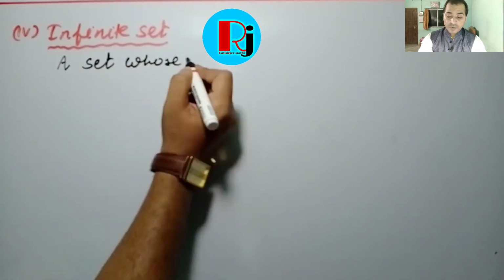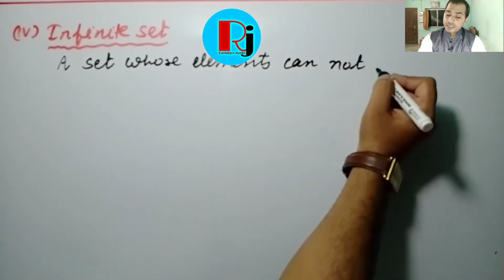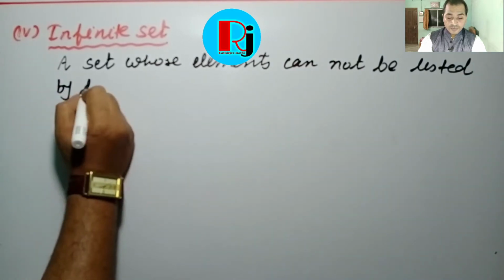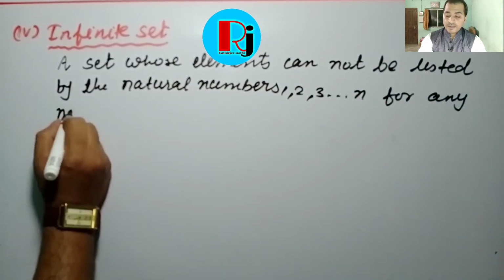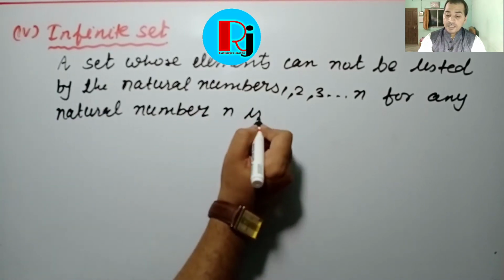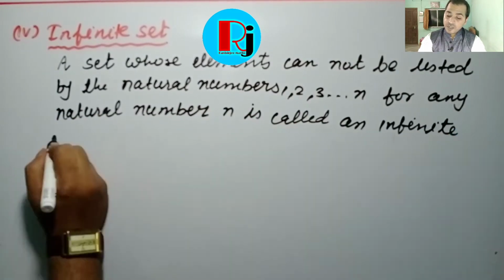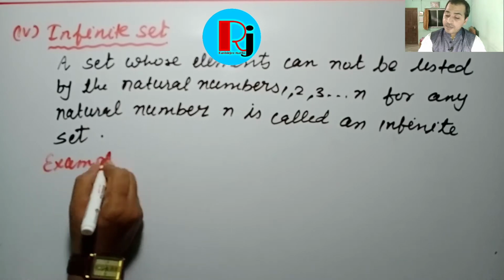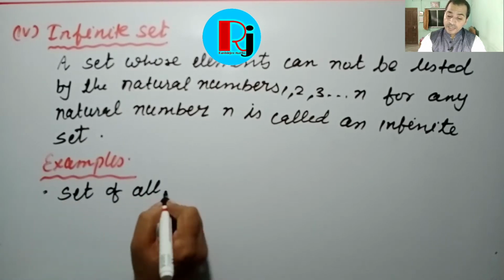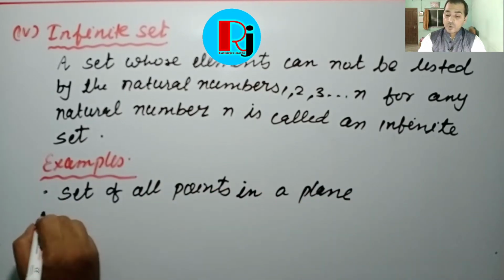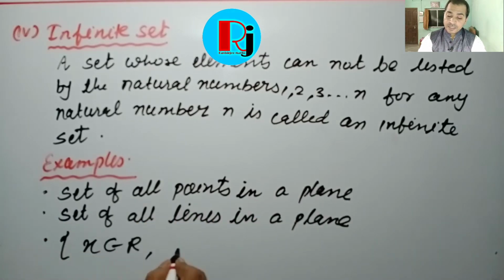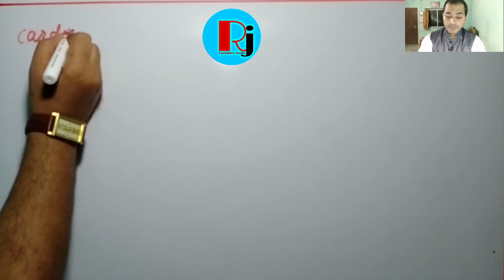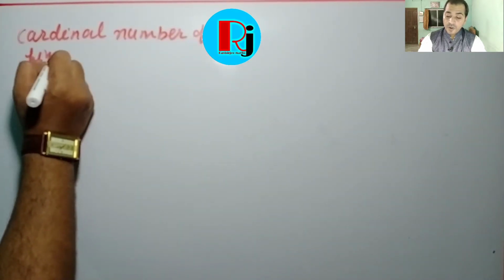Fourth, infinite set. A set whose elements cannot be listed by the natural numbers 1, 2, 3, ..., n for any natural number n is called an infinite set. Examples: the set of all points in a plane, the set of all lines in a plane, {x belongs to R, 0 less than x less than infinity}.